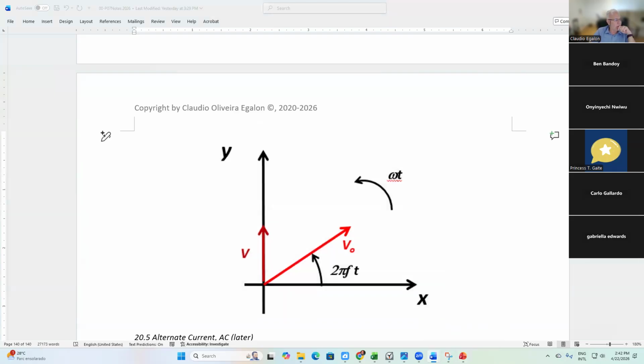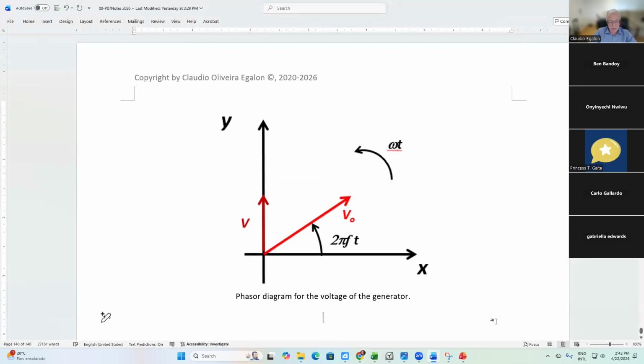Keep in mind this phasor diagram is very useful for the voltage of the generator. Here you go. Phasor diagram for the voltage of the generator. And we get the same phasor diagram for, here you go.